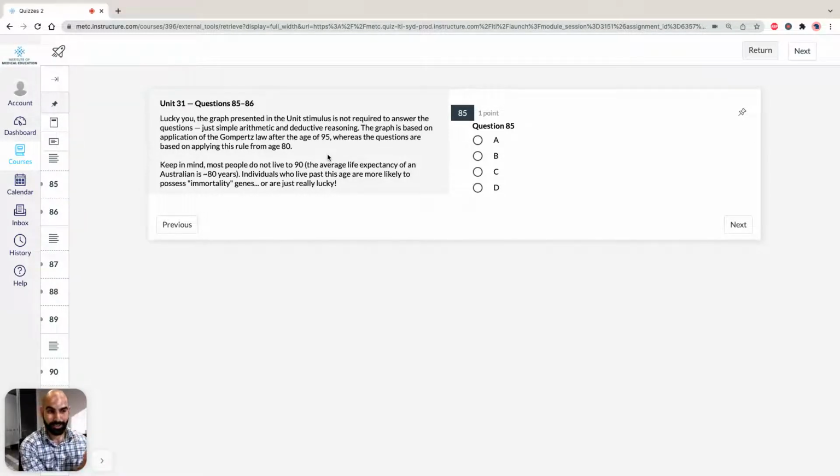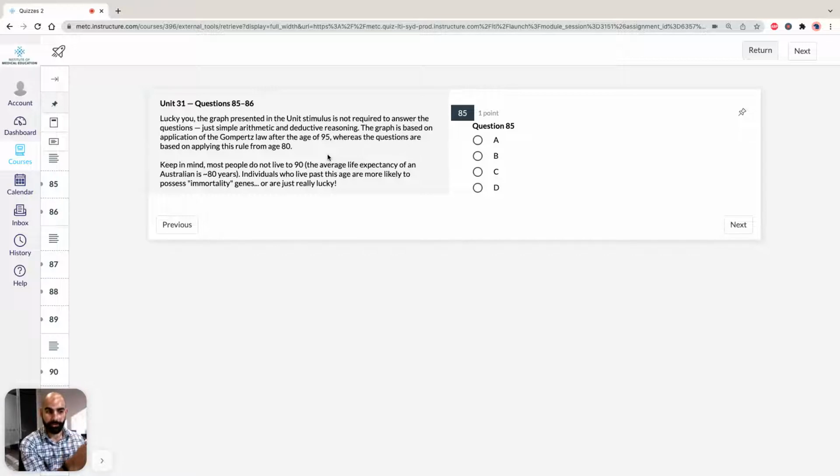The graph actually shown in the unit stimulus is not required to answer question 85. You just need some simple arithmetic and deductive reasoning. This is because if you pay close attention to what the unit stimulus and question 85 are telling you, the graph is based on application of Gompertz law after the age of 95. However, question 85 is asking us about applying this rule from age 80.